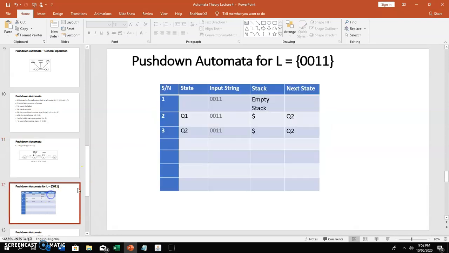Now, let's see. What is the top of the stack? This is the top of the stack. This is our last operation. Let me take that so it won't confuse you here. So this is the top of the stack, and it is still empty. This is just the initial start symbol, don't forget. So what are we supposed to do?